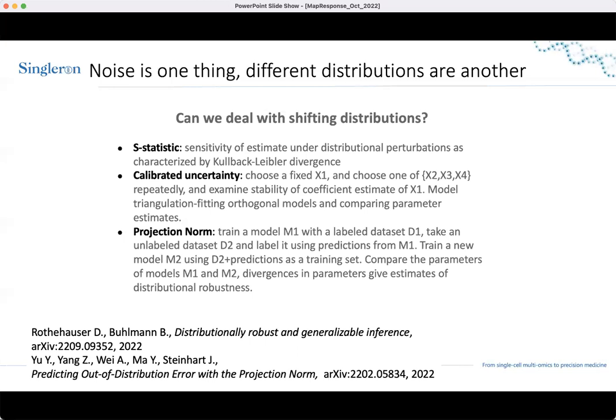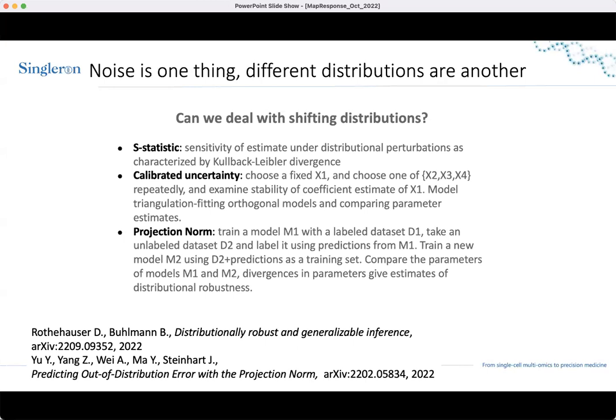There are lots of ways you can try to address this, but what you're trying to do is account for the possibility of shifting distributions, right? And so we can measure the data that's coming in and test whether or not it fits a training distribution that the algorithm has seen.